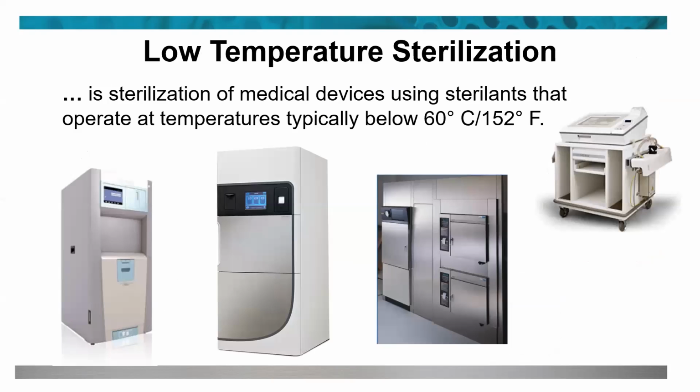So low temperature chemical sterilization processes are the typical low temperature sterilization things that we're going to see. This is usually held at around 60 degrees centigrade or 152 Fahrenheit. Low temperature sterilization is designed for heat sensitive medical devices that you're going to normally see in minimally invasive procedures, and includes cameras, flexible endoscopes, and rigid endoscopes, to name a few.